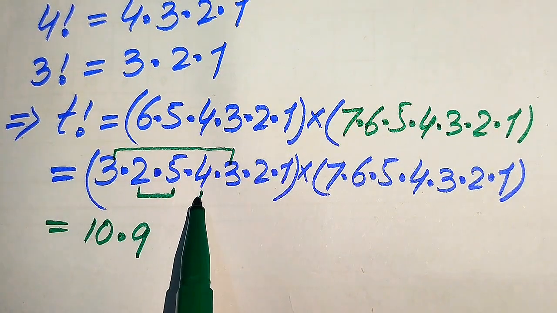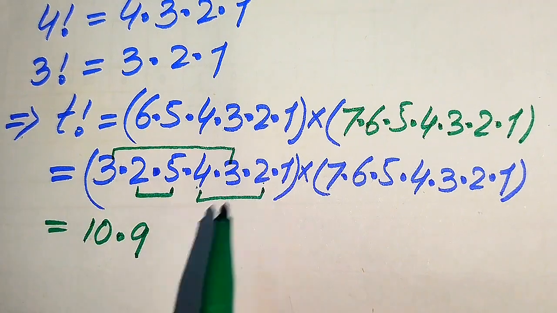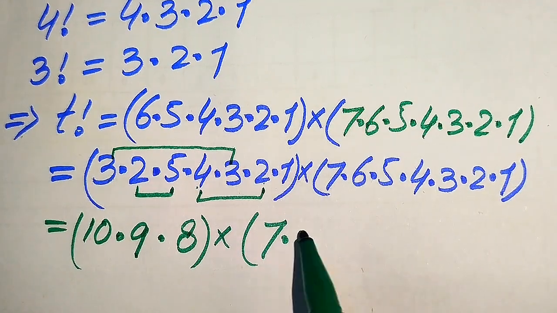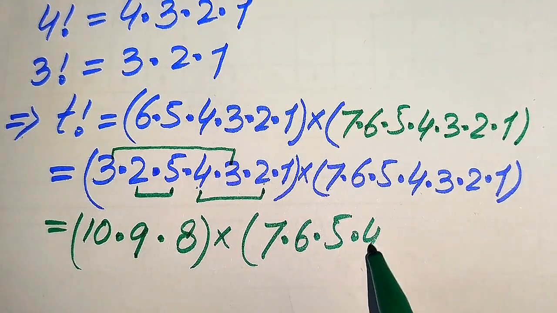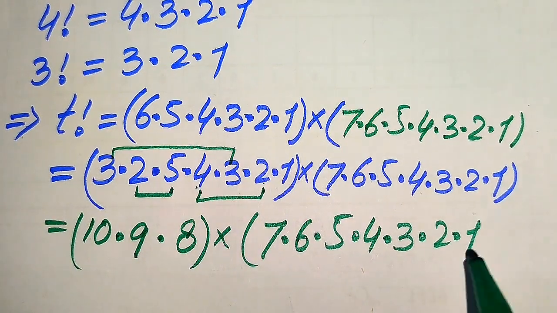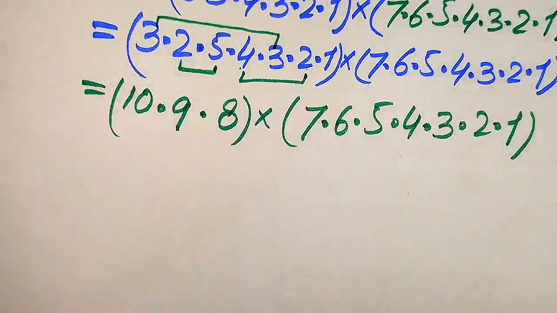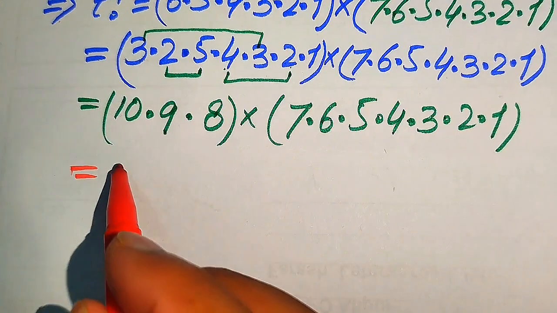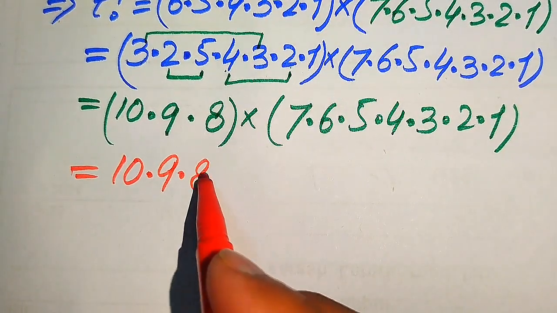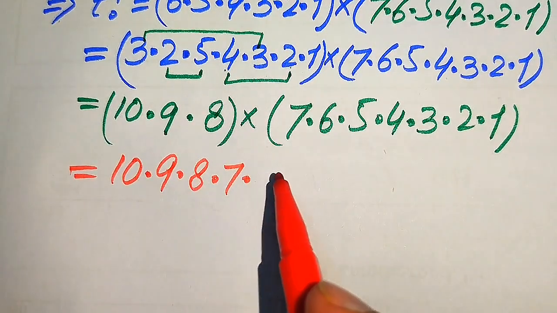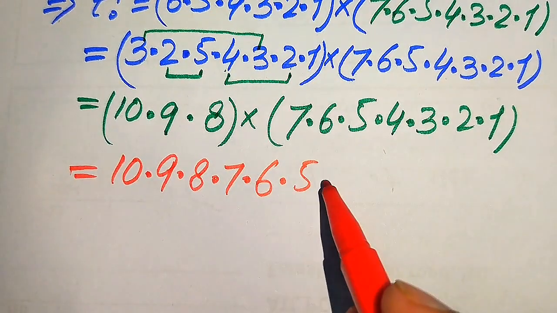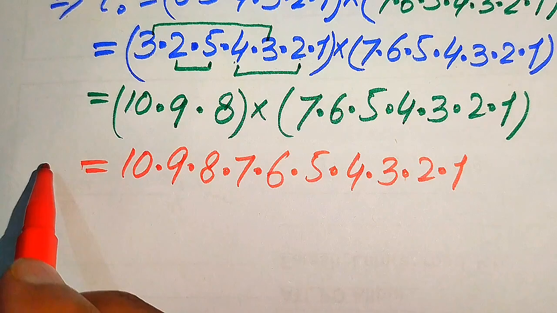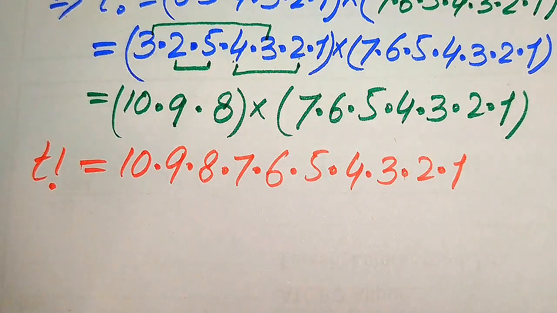The remaining two values are 4 and 2, and when we multiply 4 and 2 we get 8, multiplied by 7 times 6 times 5 times 4 times 3 times 2 times 1. Now we combine all of these values, and it will be written as 10 times 9 times 8 times 7, and we combine these with 7 times 6 times 5 times 4 times 3 times 2 times 1. On the left hand side we have our t factorial.